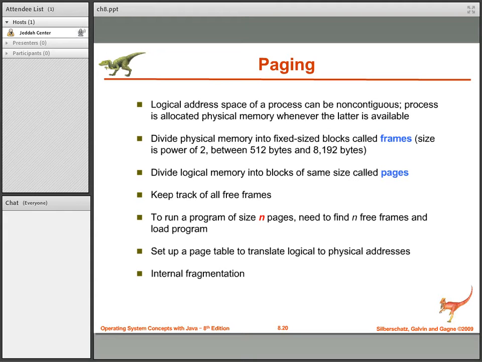It maps the logical addresses of the program, represented in the pages, to the physical addresses in the main memory, represented in the frames. However, this may produce internal fragmentation as we explained in the previous slide.